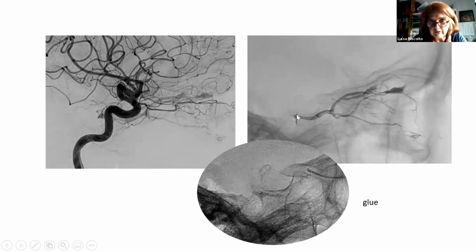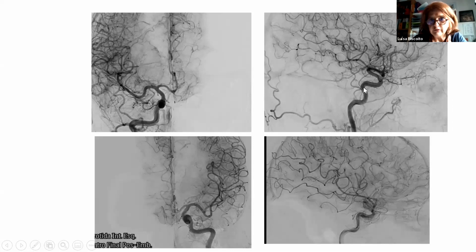We see a selective injection on the foot of the vein, and we inject glue and excluded the fistula. We controlled both sides, and it was excluded.